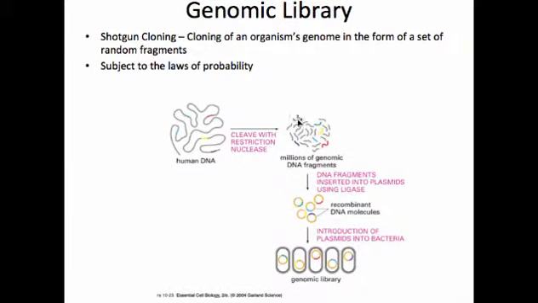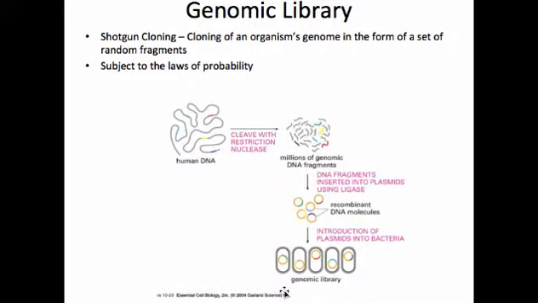And so this is just subject to the laws of probability. In your textbook, you'll see that there's a formula, and we can figure out how many fragments or then how many clones of those fragments you need to be able to ensure with about 99% certainty that a particular size fragment is represented in your library.